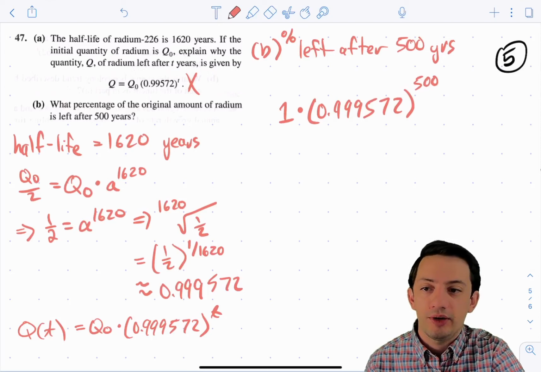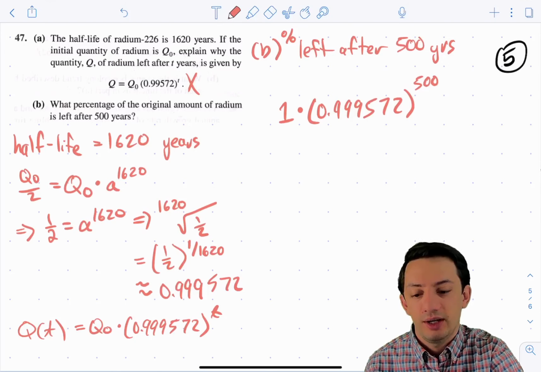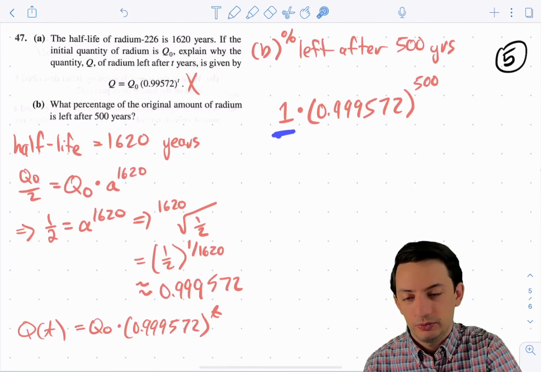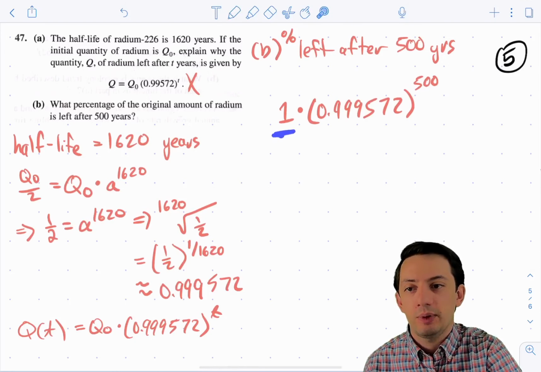And for example, if this gives us back 0.7, that means we started with 1, we ended with 0.7, so 70% is left.